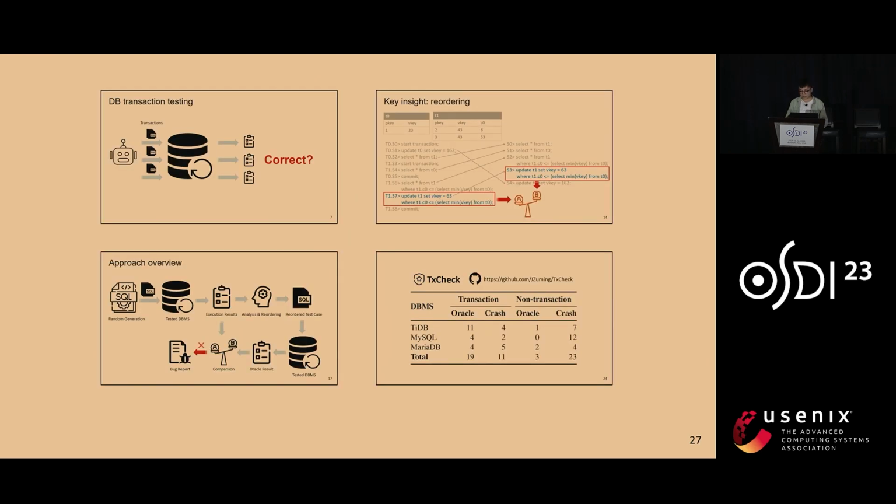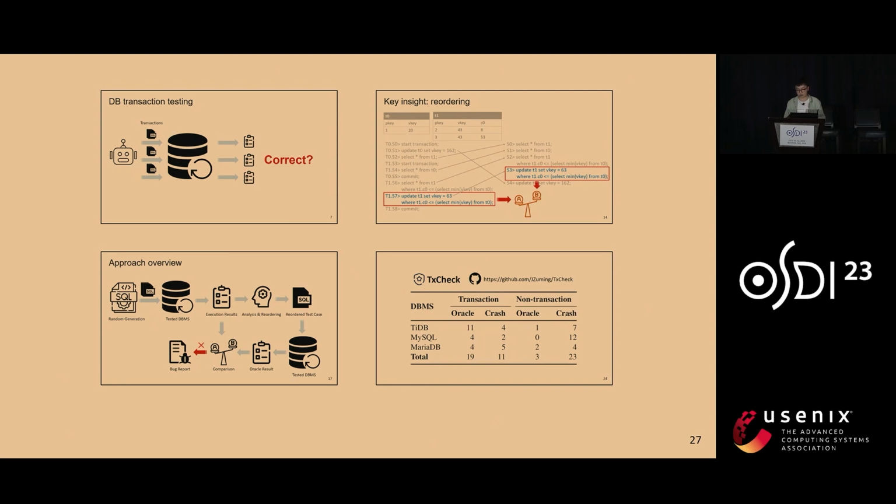Lastly, let me conclude the work. It is very difficult to find correctness bugs in database transactions because there's no oracle to tell us whether the transactions are correctly executed or not. It even becomes worse when the transactions are very complex. To solve this problem, we propose a general idea where we reorder the statements inside the transaction without changing the semantics of the transaction.